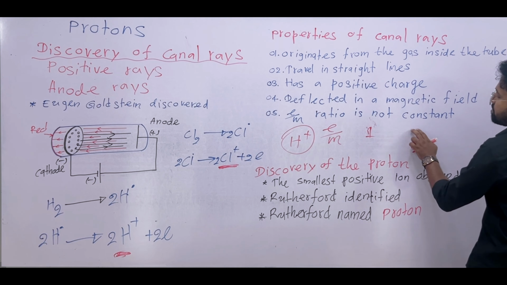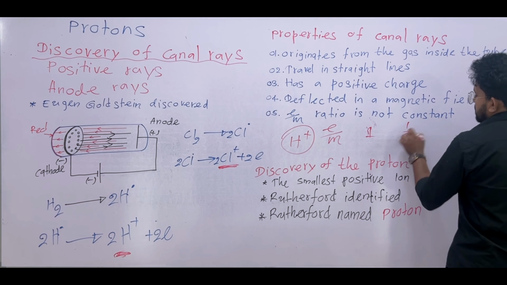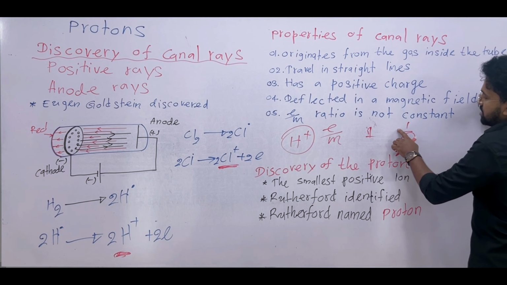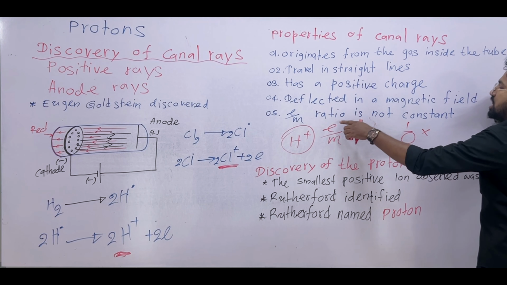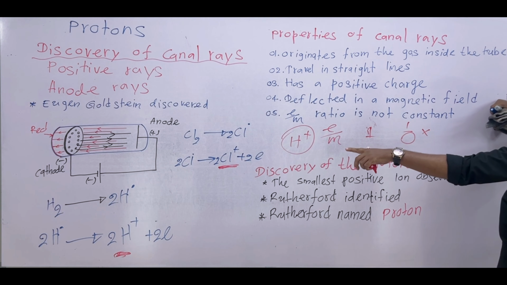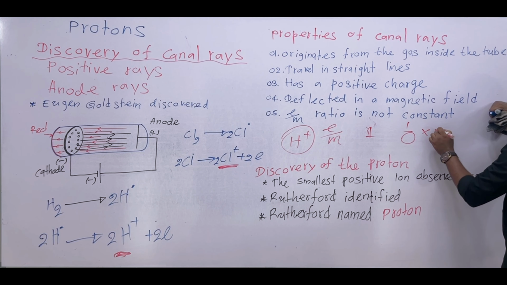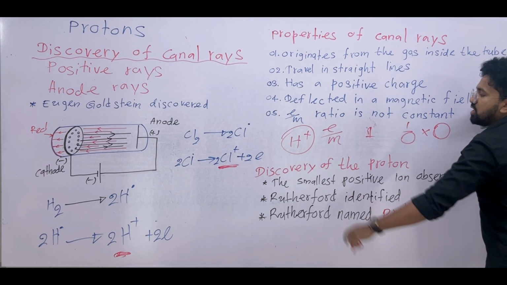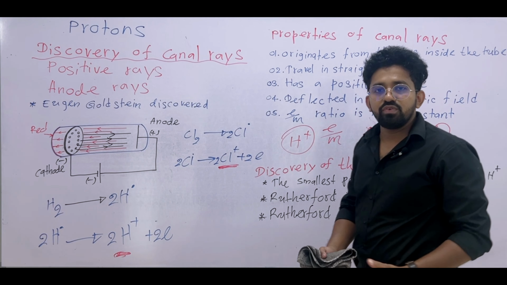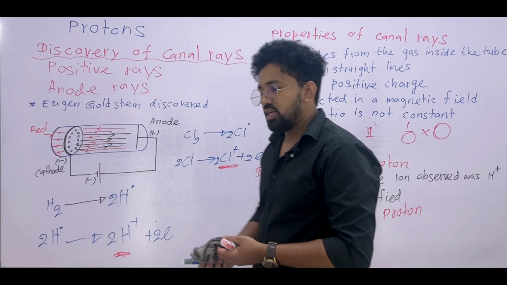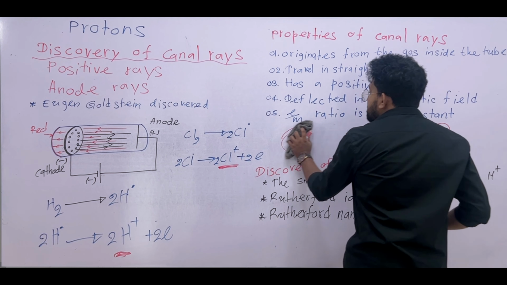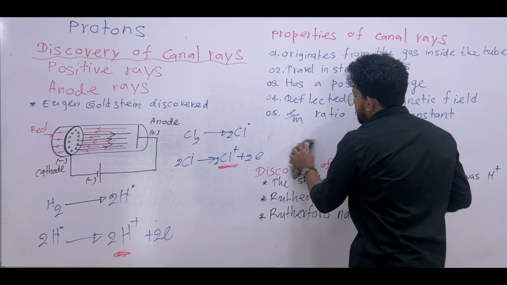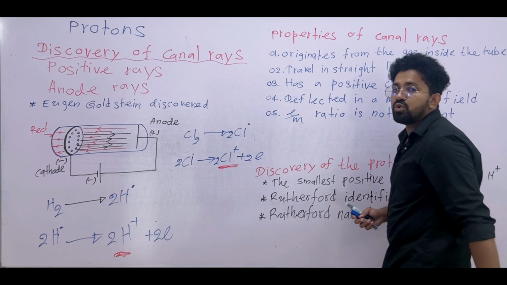The mass will become bigger, so this value will become smaller. When we multiply the e/m value of the other particles by certain integers, we obtain the e/m value of H+. In that case, they predicted that H+ is common for all matter.